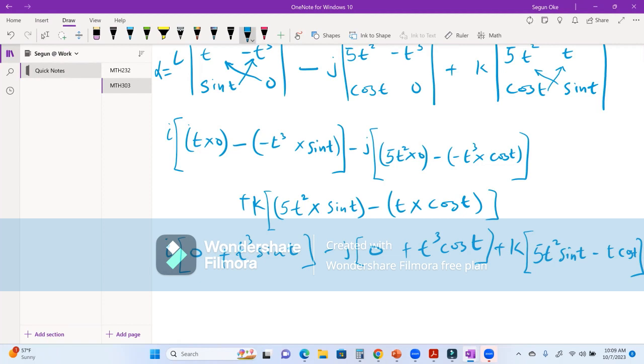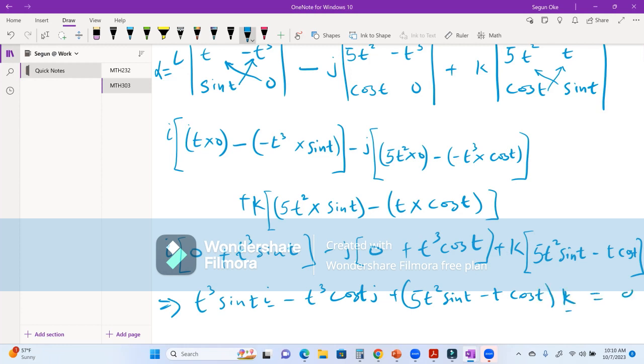So we can write this one out now by saying t cubed sine t i, minus t cubed cos t j, plus, do you agree with me? Yes, sir. Plus 5t squared sine t minus t cos t k. This is equal to my alpha.